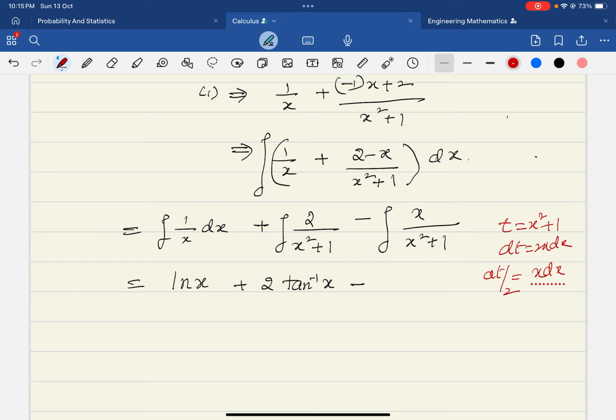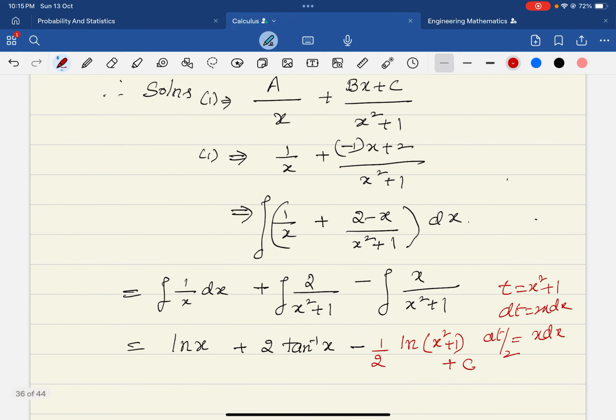Therefore it can be written as minus half, take it out, integral dt by t. That is equal to ln of t, where t means x square plus 1, plus the constant. I hope it's clear to all of you how to solve the case 3 problems.